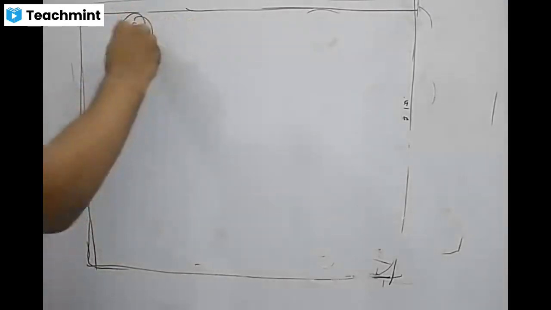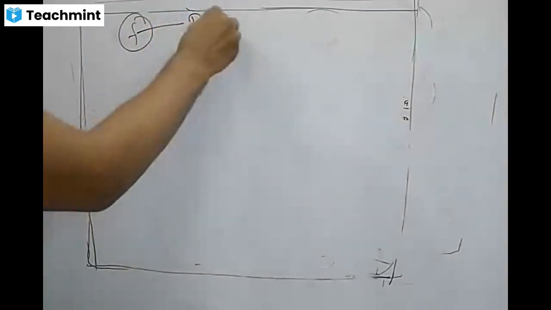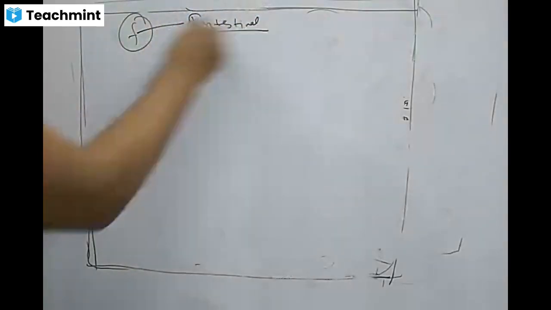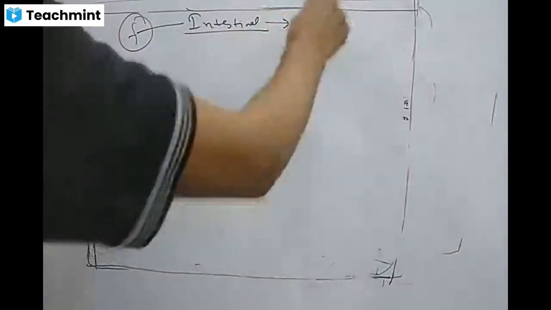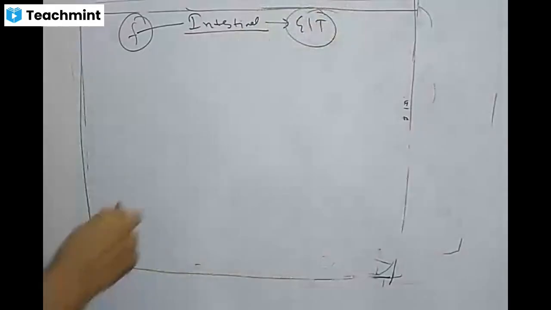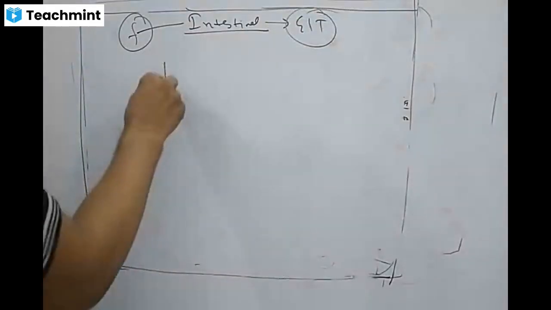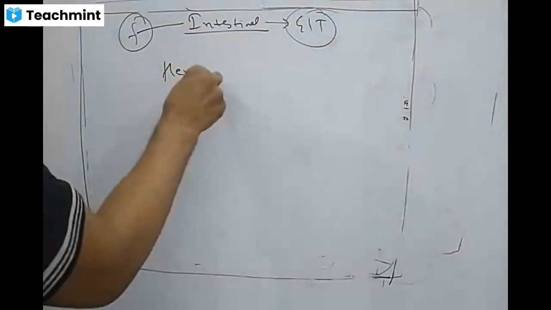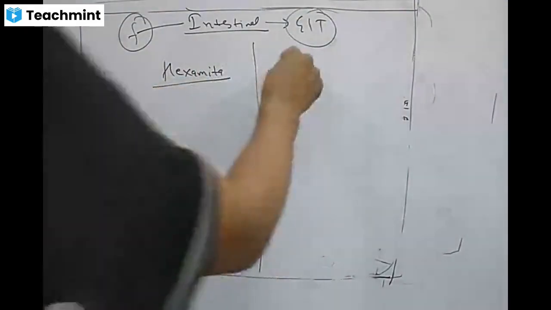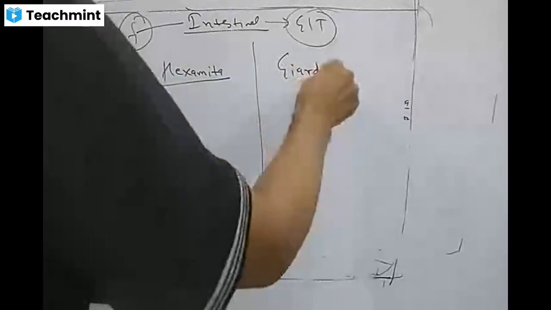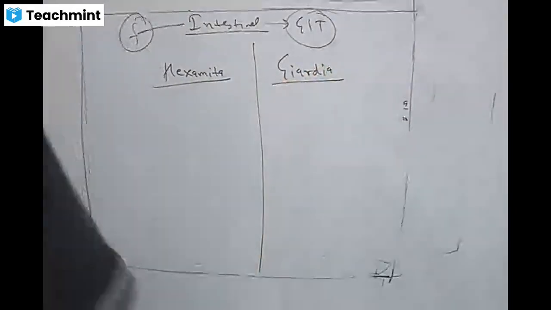Flagellates are also of three types. First we'll do intestinal flagellates, meaning those flagellates which affect your GIT. Starting with Hexamita and your Giardia.